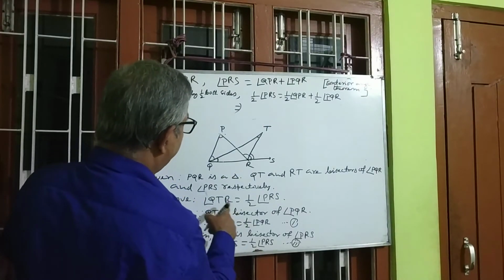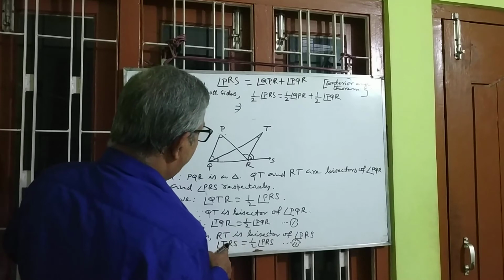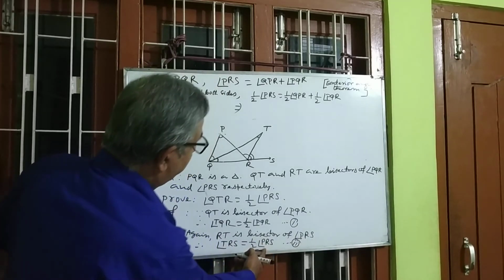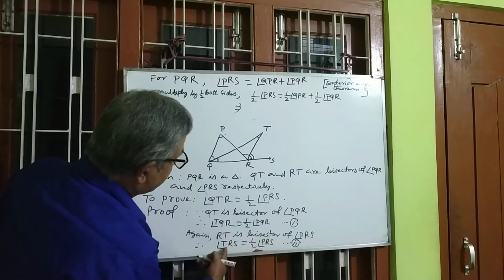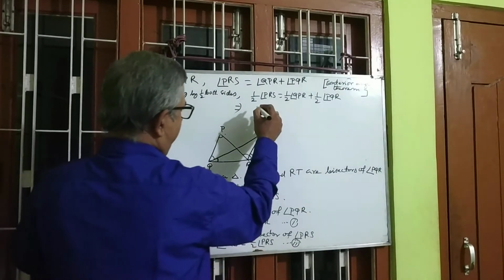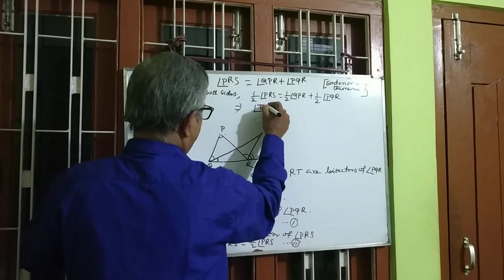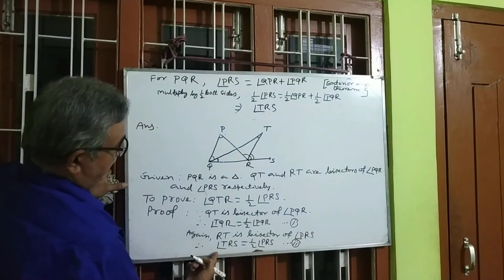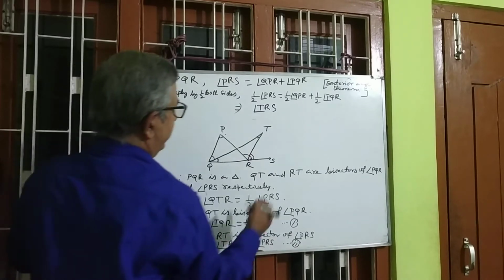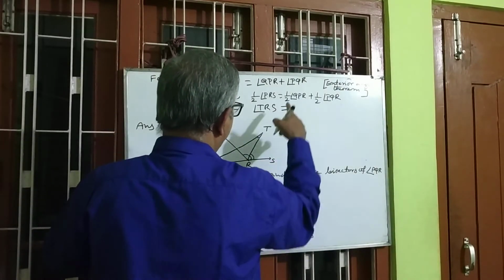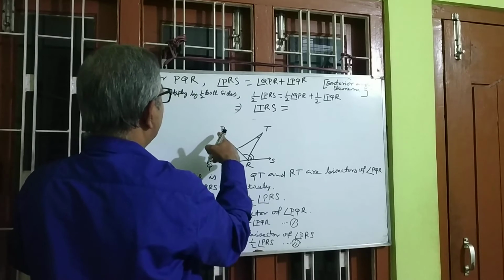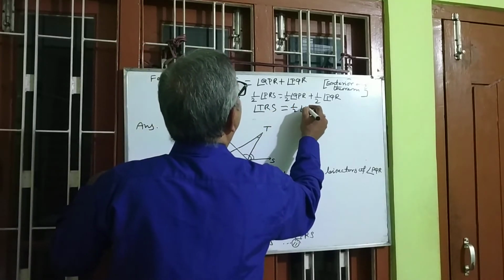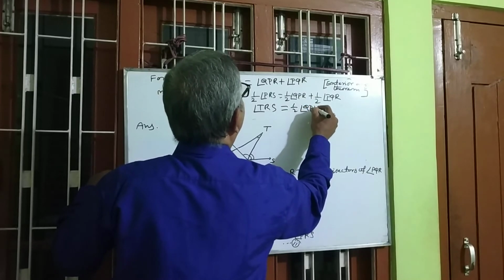Is it given somewhere? Half of PRS is equal to TRS. So I am writing here TRS. Again, half of QPR, it is not given, so you will have to write half QPR.